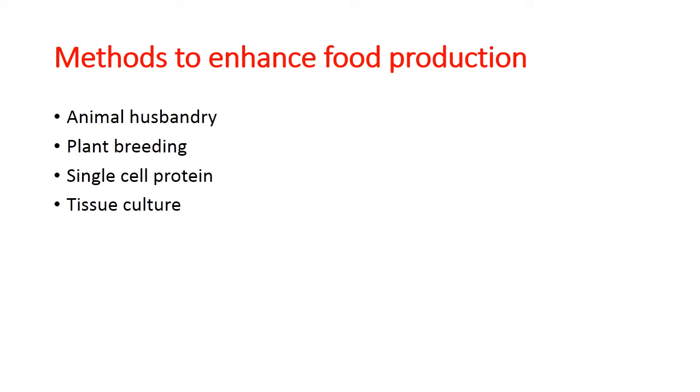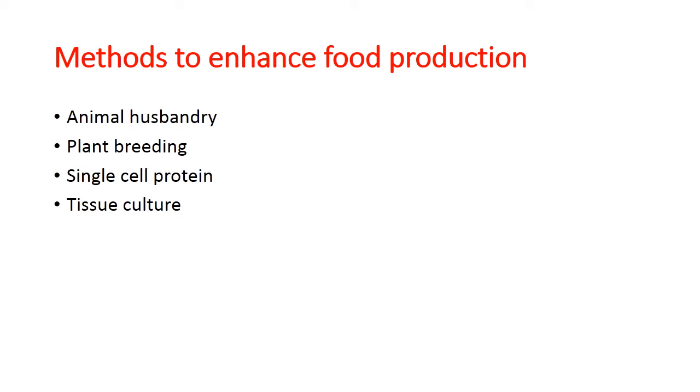Then one more method is tissue culture. So tissue culture is one of the advanced methods used to increase food production, because it is not like some of the old agricultural practices. This is one of the new techniques used. In this one, any cell or tissue is used for multiplying plantlets.